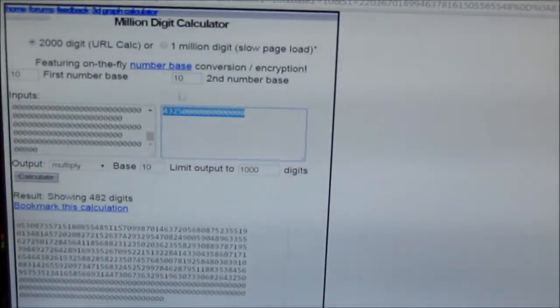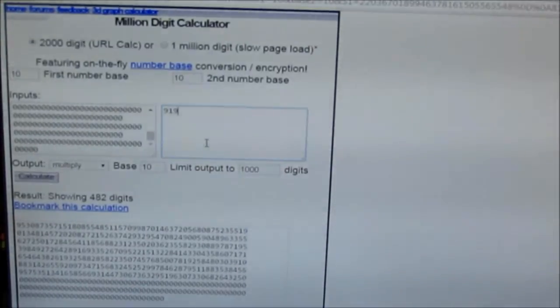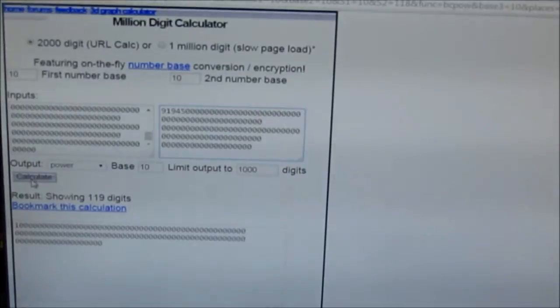Okay, so then you take that and multiply it by 9.1945 times. I've got to count. This is actually just an approximation.